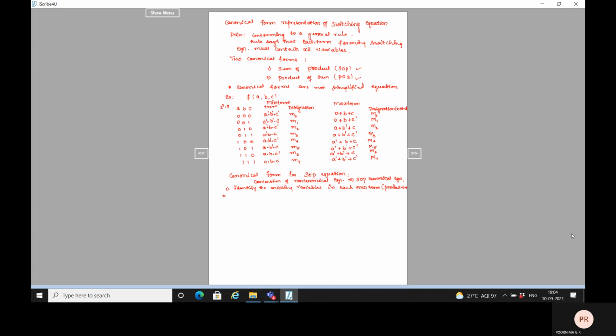Then in the next step, AND the missing term and its complement with the original AND term.